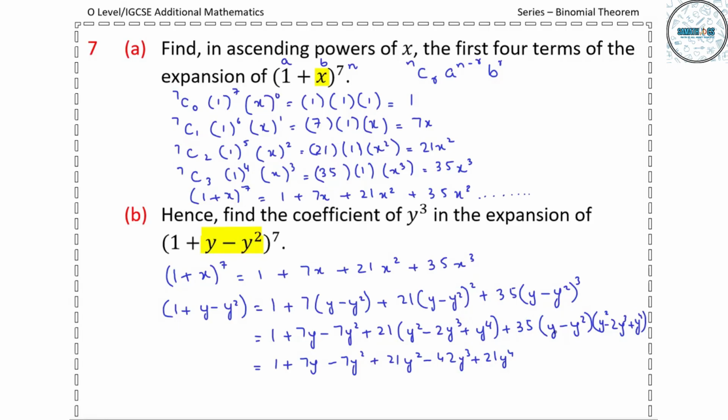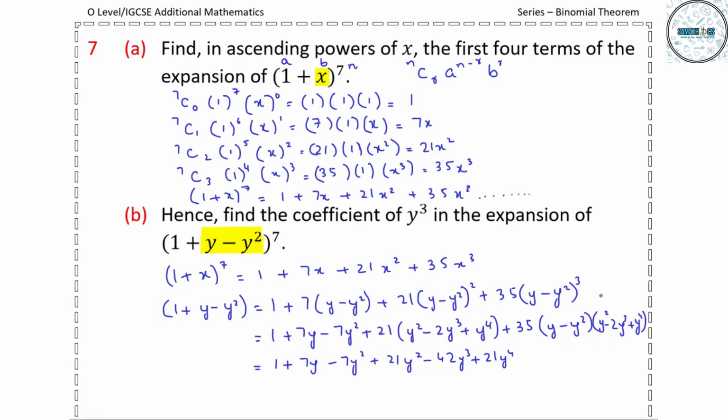If we will multiply y by y square, we will get y cube. When we will multiply y by 2y cube, the power will be 4. It will be negative 2y power 4. When we multiply y by y power 4, it would be y power 5. In the same way, y square multiplied by y square will be y power 4.